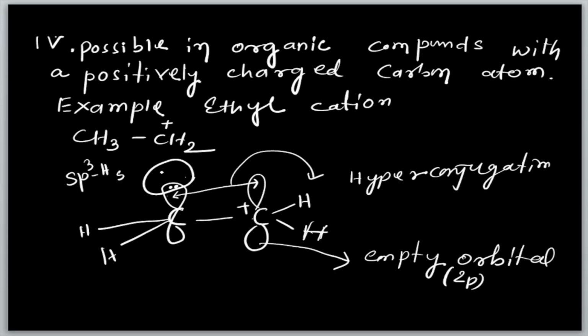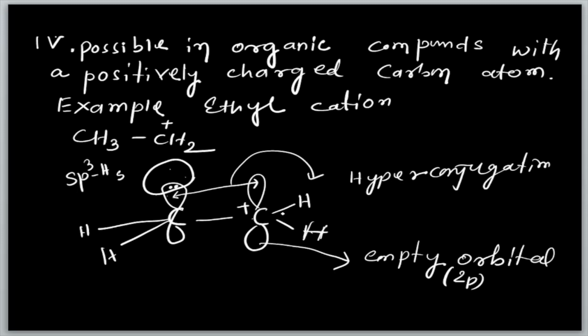Then what happens here? One electron less. Before, when there is no plus charge, it is simply hyperconjugation in methyl. If it is a methyl group, all these hydrogens, which are s orbitals, are bonded with this sp3 carbon.